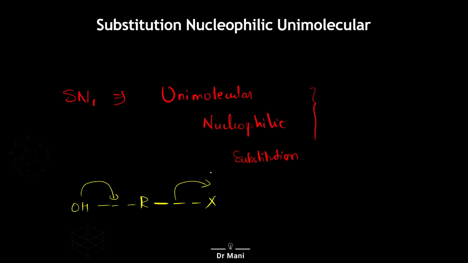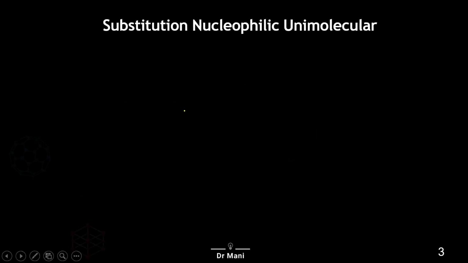But here it doesn't happen like that. Only one species is involved, so it is called a unimolecular substitution reaction. In the SN1 reaction, the nucleophile replaces the leaving group.